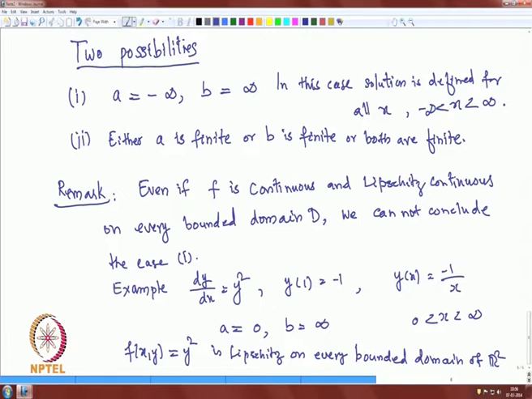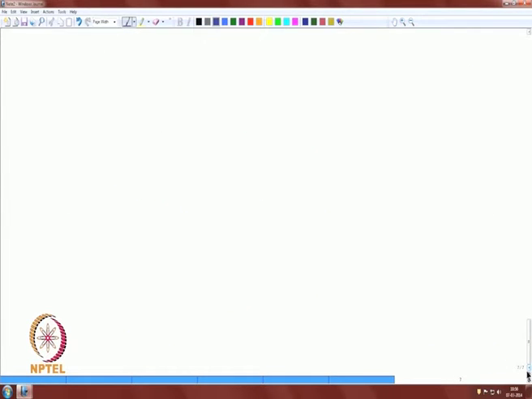So, we state this in the form of a theorem, which we will not prove. The proof follows if we use a successive approximation method. Theorem.